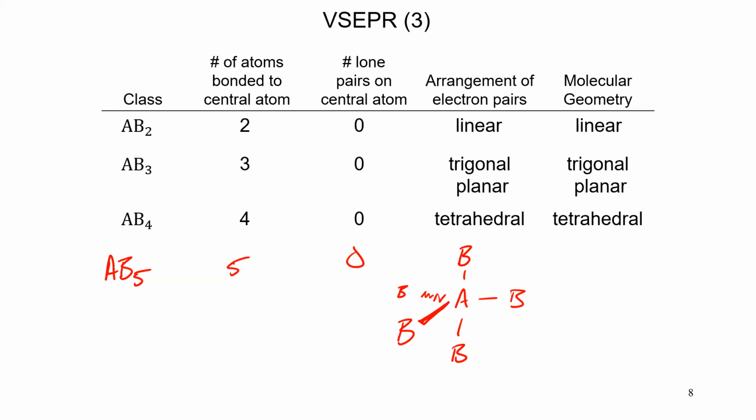Okay. We call this trigonal because those 3 in the middle, let me use blue for the middle ones, those 3 in the middle form a triangle. Right? And so that's where our trigonal comes from.